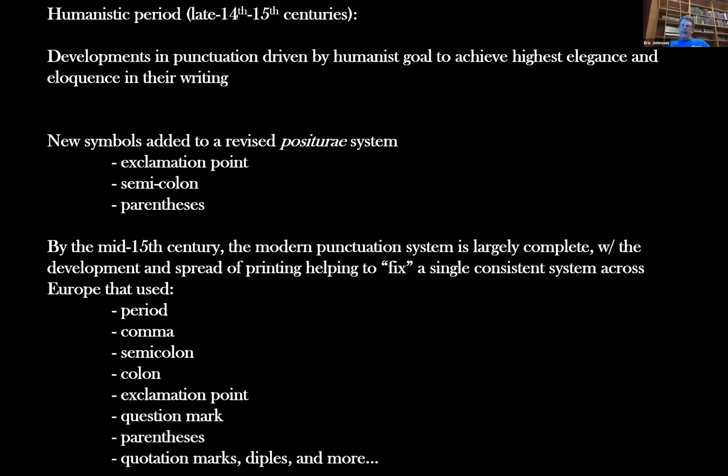We've gone 180 degrees by the time we get to the end of the Middle Ages, and we're in the humanistic period where writers are expected, and the desire is that they impose meaning themselves in order for readers to have an easier time in interpretation and to actually see the variety of individual authorial styles. So it's this 180 degree shift. So that brings to a close our punctuation lecture.